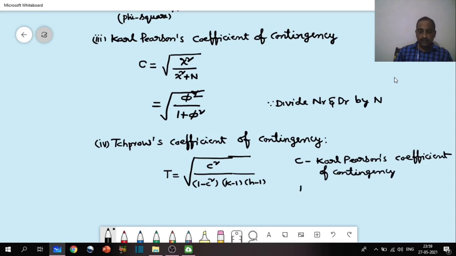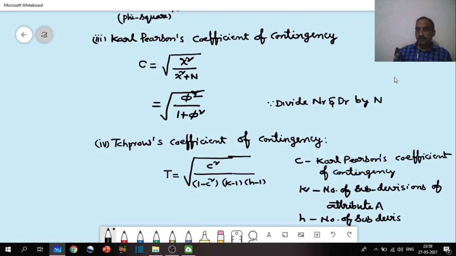What do we mean by k? k is the number of subdivisions of attribute A. Similarly, h is the number of subdivisions of attribute B. Or simply, the number of rows and the number of columns: if A is represented as rows, this is the number of rows, and attribute B represented as columns is the number of columns.